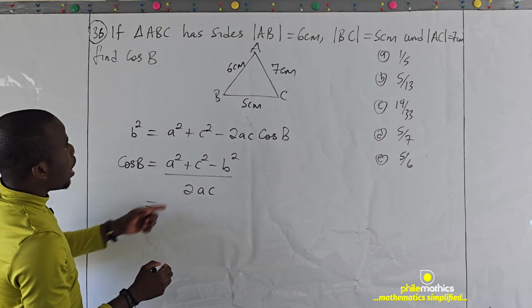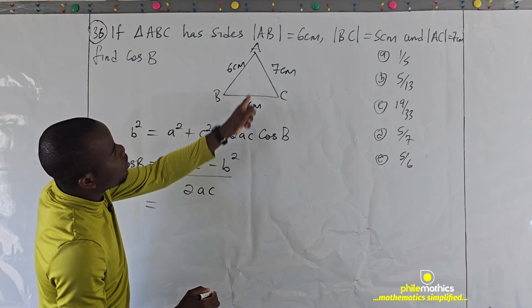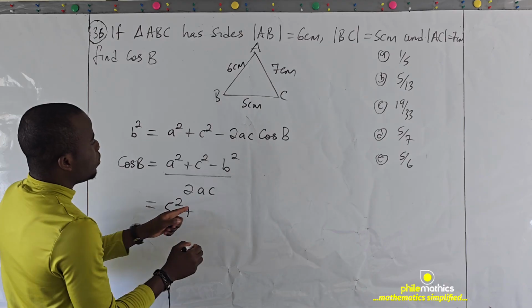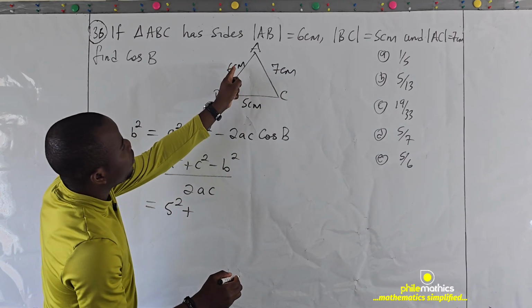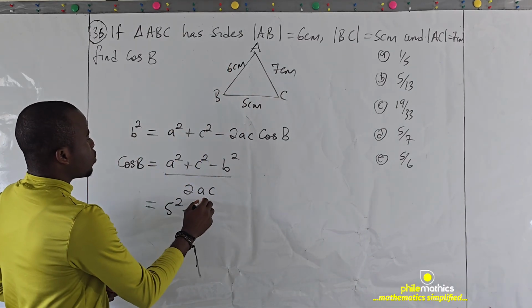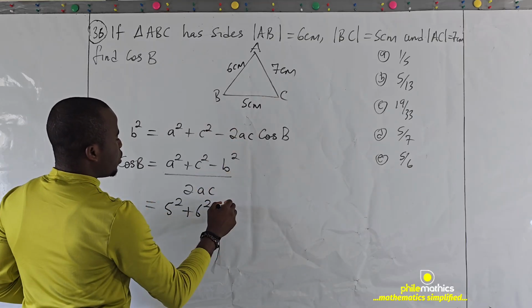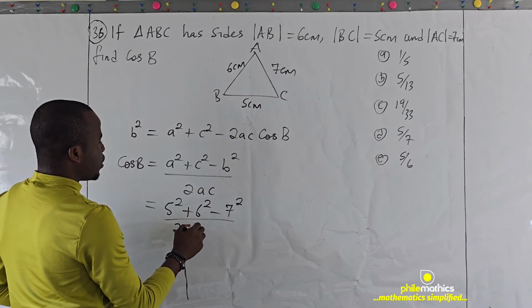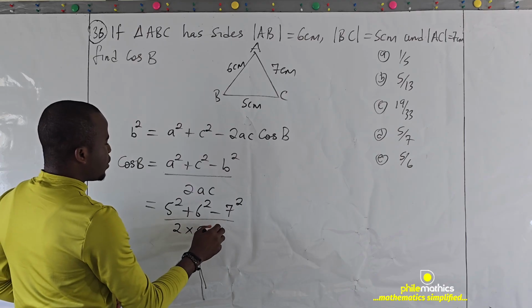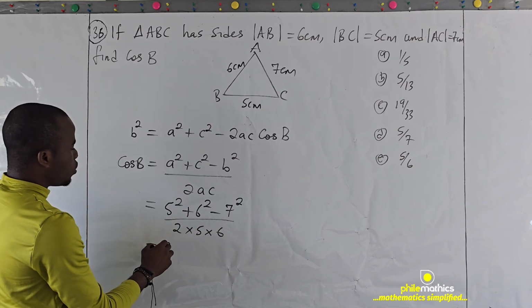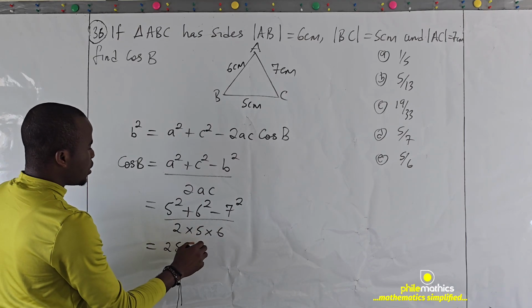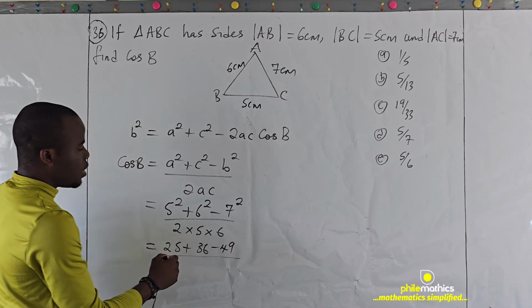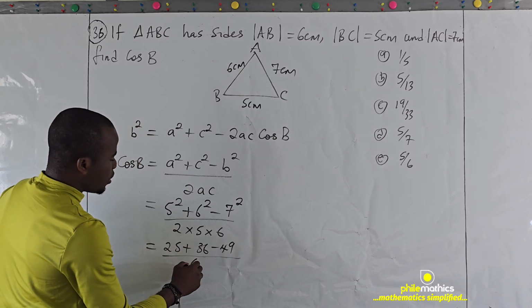And so our a is the side facing this angle, which is 5 squared, plus our c, the side facing this angle, 6 squared, minus b, which is 7 squared, over 2 times 5 times 6. 5 squared is 25, 6 squared is 36, 7 squared is 49, 2 times 5 is 10, 10 times 6 is 60.